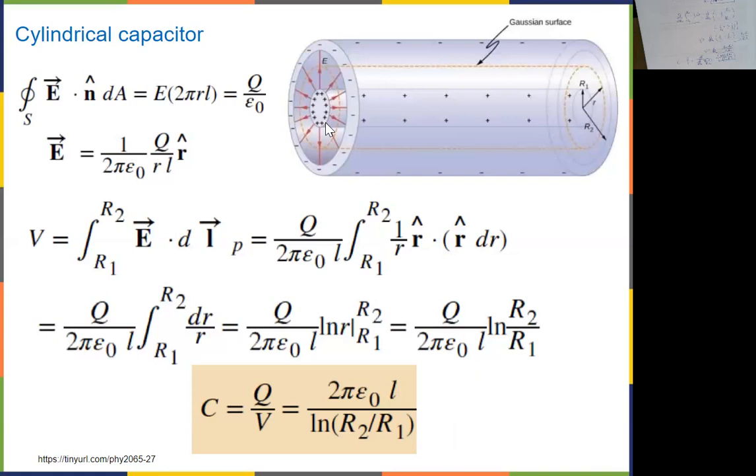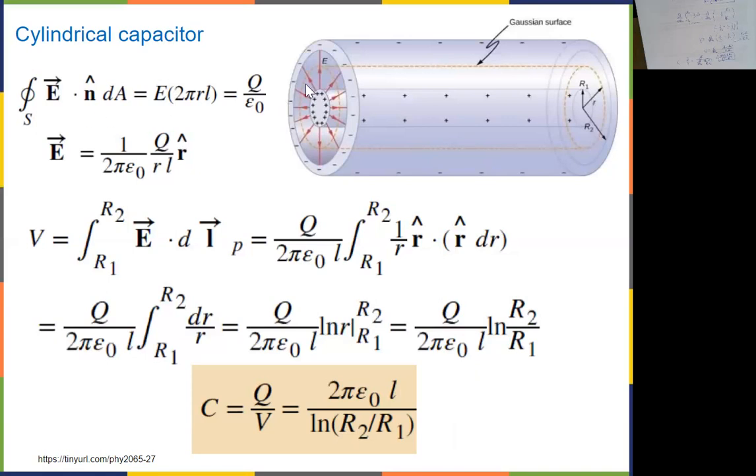Okay, so again, you will be figuring out what's the electric field between these two metal pieces. Okay, you draw a Gaussian surface like that, as a cylindrical part. Okay, and the electric field will be from positive to negative, so it'll be pointing outward, radially, in the radial direction.